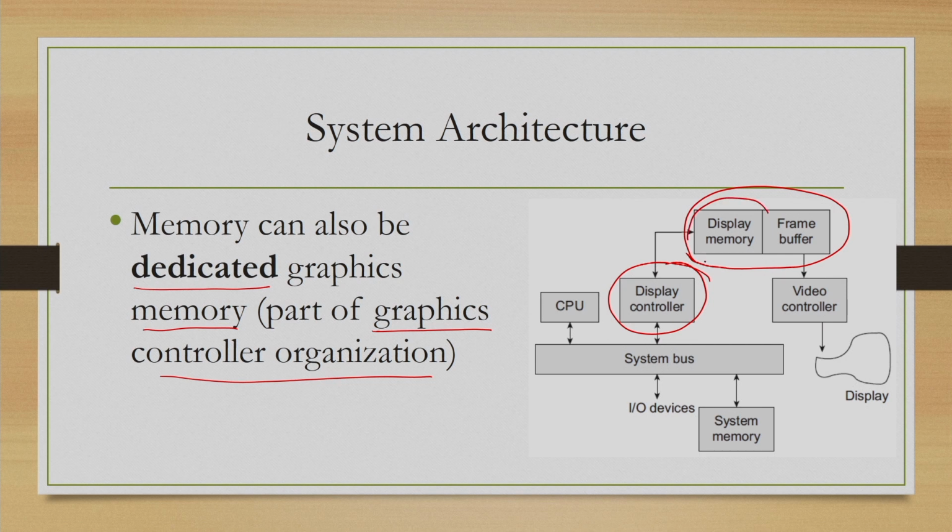This memory has two components. One is the memory containing other things and one is the memory called frame buffer. And here there is no need to access the shared memory through system bus, common system bus. So, it is faster as compared to the previous scheme.